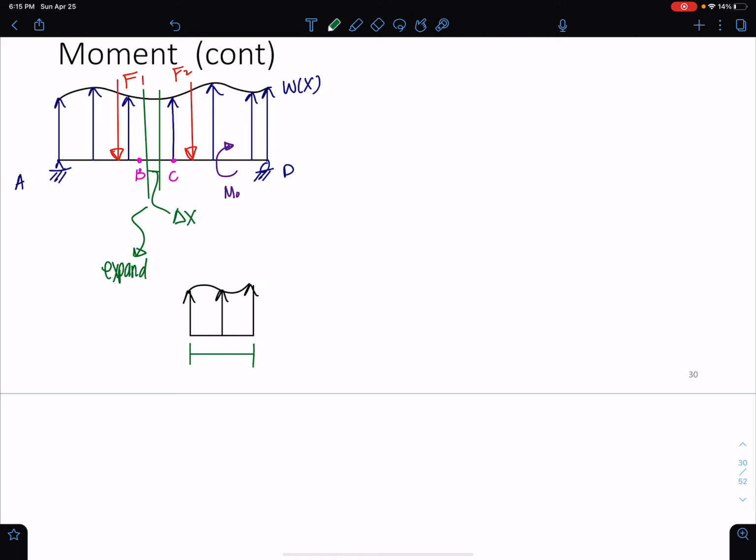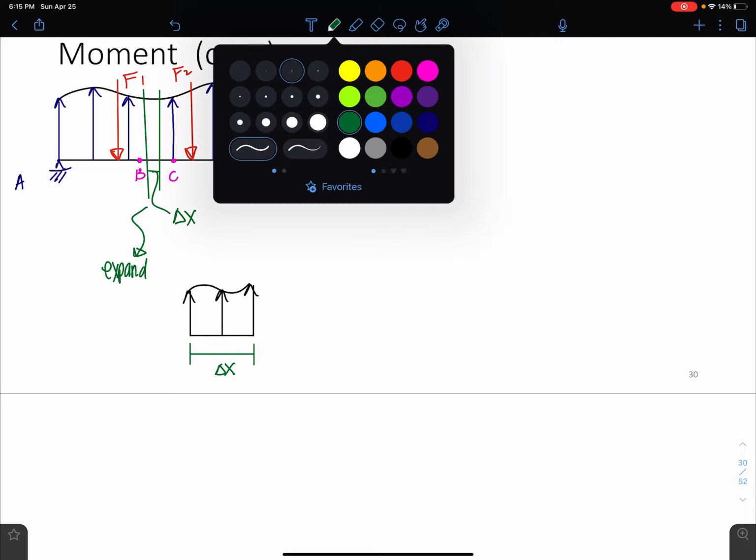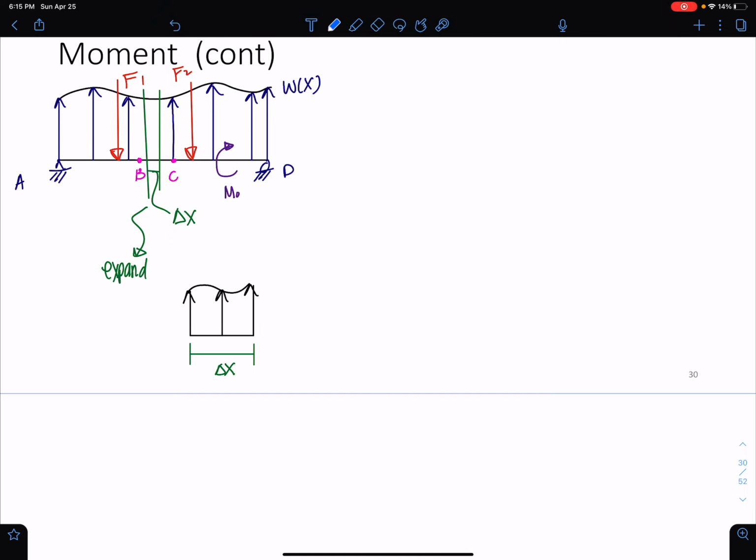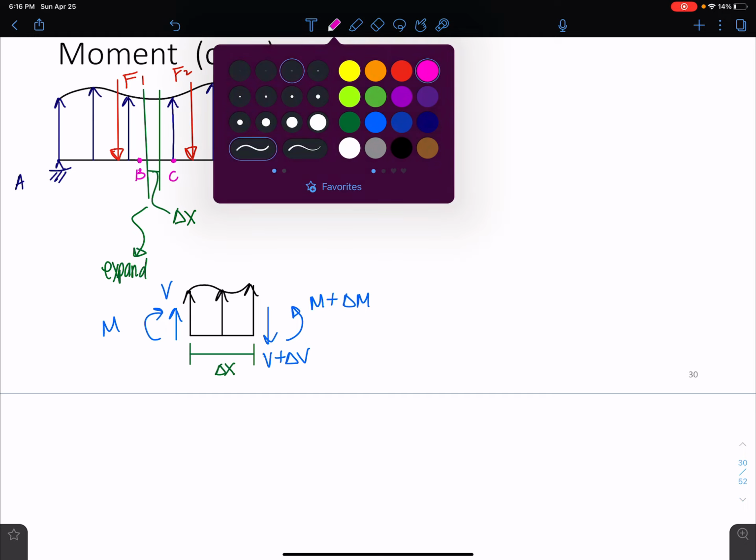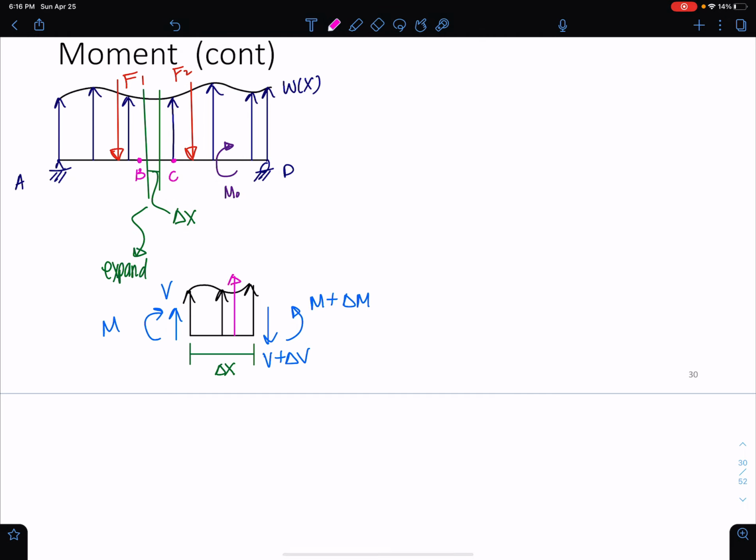This little differential element has the width of delta x. Of course, on both sides, since we've cut this, we have shear, but we have V plus some change in shear, because we have some delta x here. And of course, we have moment here, and then moment here, which is going to be M plus delta M, some change in moment. And we have some resultant F equals W of x times delta x, the change in x.